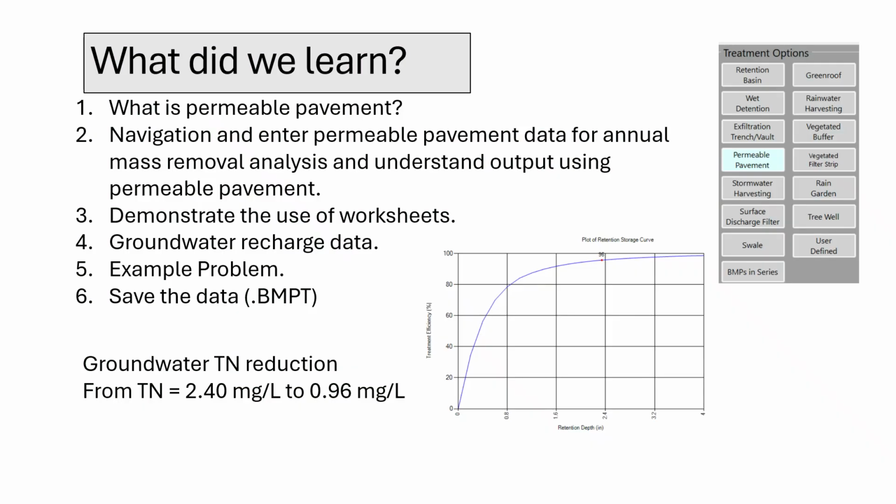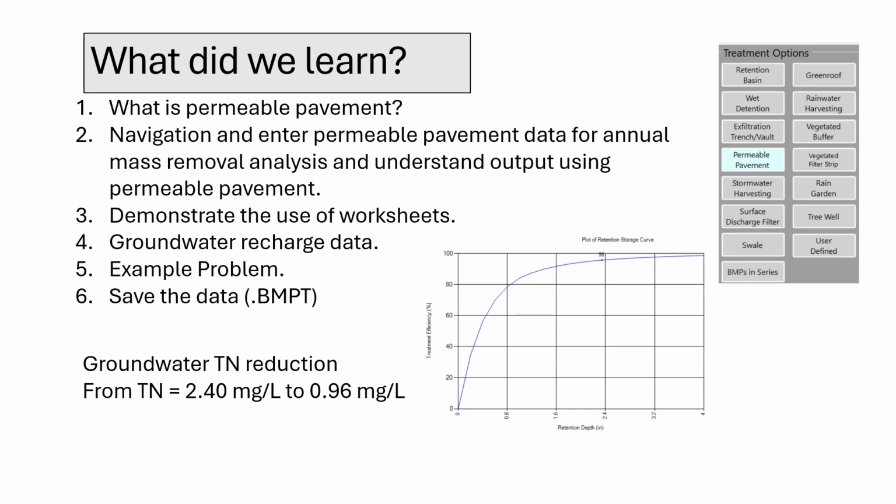Through an example problem, we demonstrated how permeable pavement can help meet performance standards. This included analyzing groundwater recharge data and observing the significant impact on groundwater total nitrogen, showing a reduction from 2.40 milligrams per liter down to 0.96 milligrams per liter.